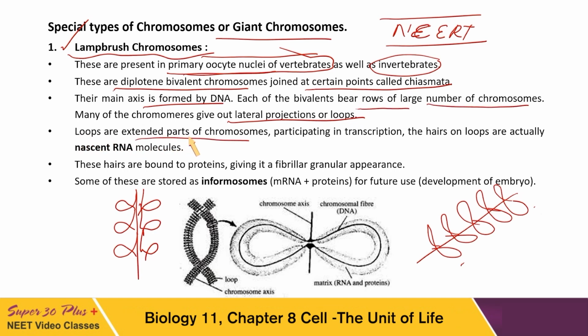Loops are extended parts of the chromosome. Very important point this is. In transcription, these hairs or loops are actually nascent RNA molecules. That is, in the loops we have RNA molecules. You know, RNA will help in synthesis of protein.